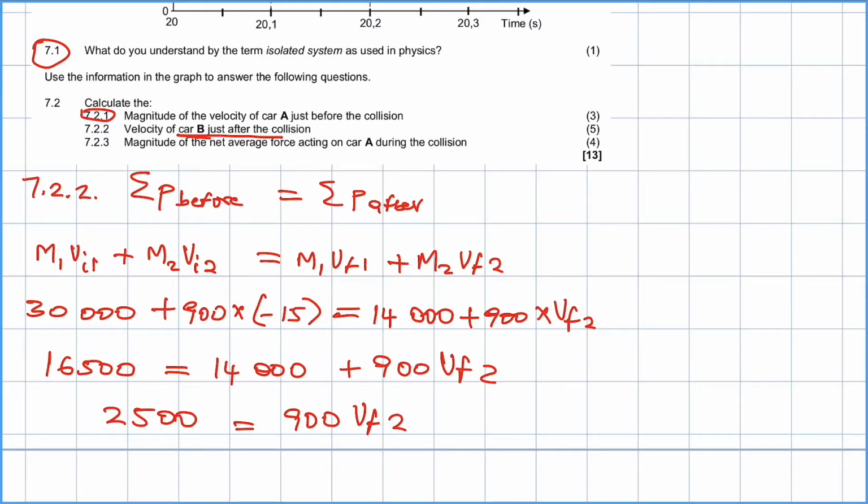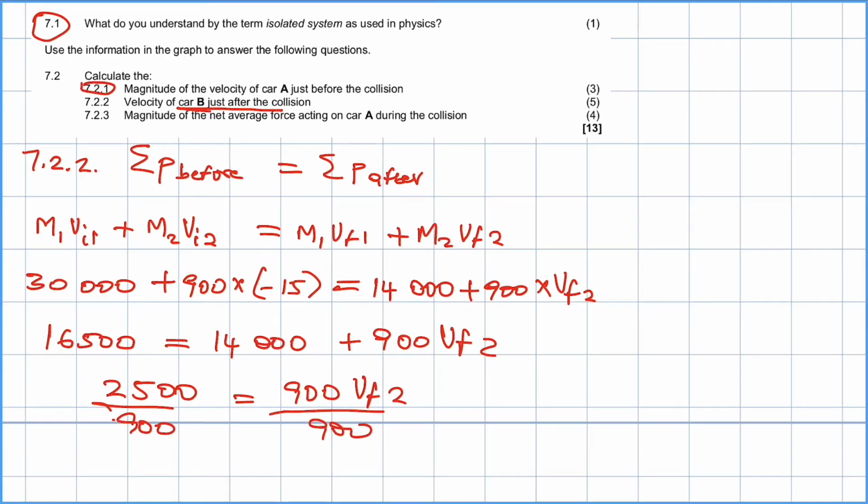Now we divide by 900 both sides, therefore vf2, the final velocity of car B after the collision, is 2.78 meters per second. Because it's positive, and we chose east as positive, that will be east.